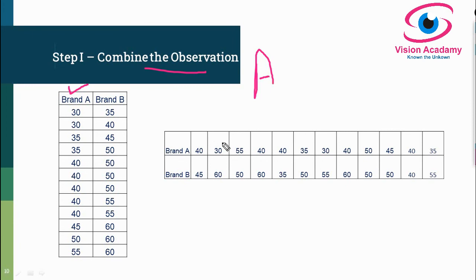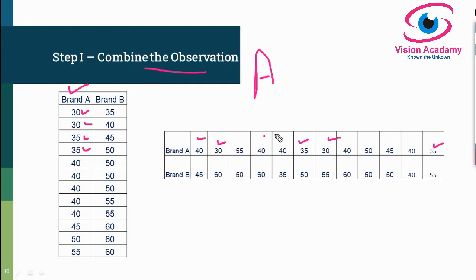Firstly, we identify the smallest value among both populations. The first smallest value is 30, so I mention both the 30s first, in brand A. After 30 we have 35, and one more 35 is here, so I put 35 in the next order. After that we have to go for the next largest value after 35.